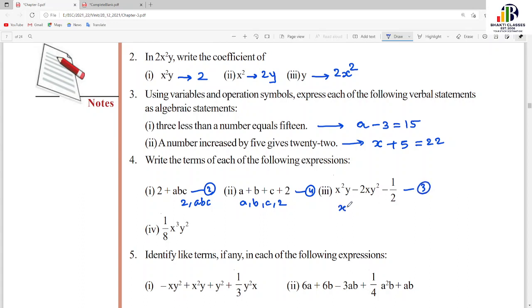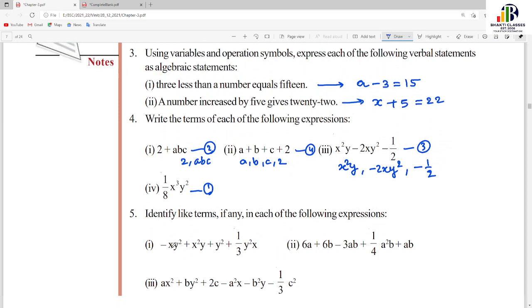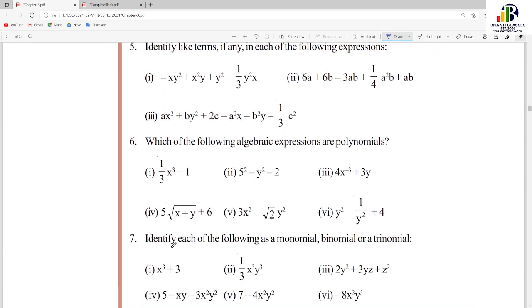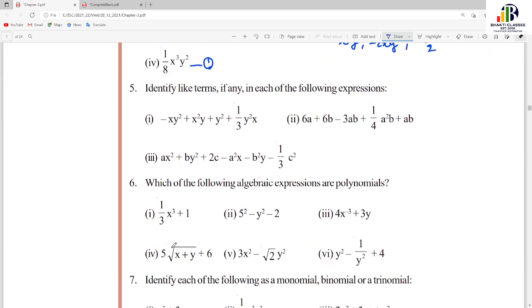They are x square y, minus 2xy square, minus 1 by 2. In this expression only one term is there and that term is the given term. Understand? Yes sir.